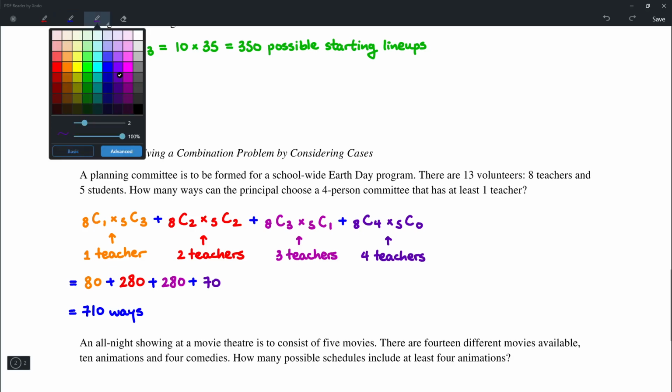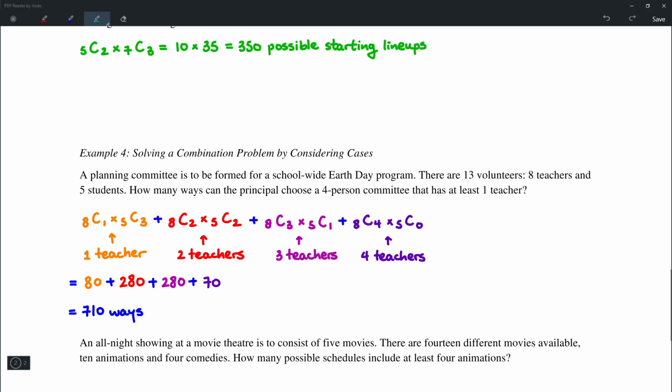Another way of thinking about this question, which is quicker, is to consider what is the opposite of the statement that's given. So here it says at least 1 teacher. The opposite is if there are no teachers. Which means we can do the following. We have 13 volunteers, and then we're going to choose 4 of them.